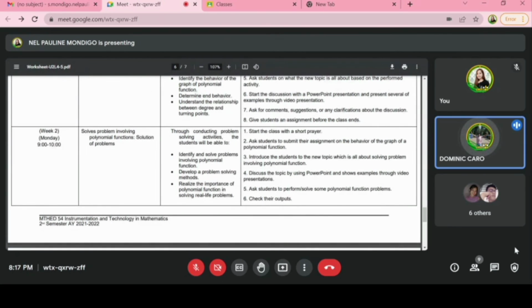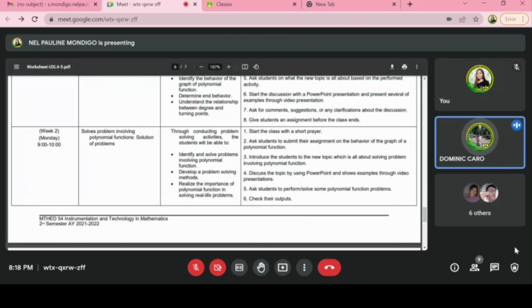The daily procedure for that is: start the class with a short prayer. Second is ask students to submit their assignment on the behavior of the graph of a polynomial function. Third is introduce the students to the new topic, which is all about solving problems involving polynomial functions.